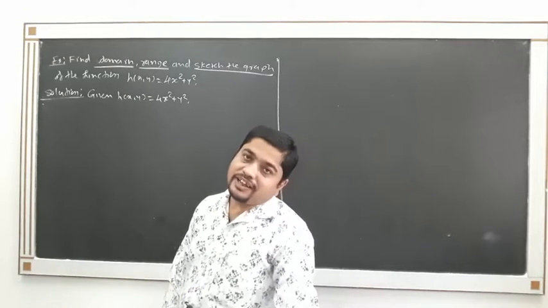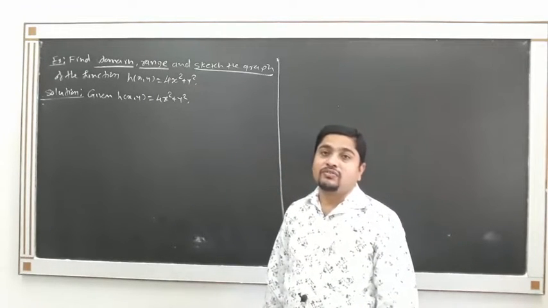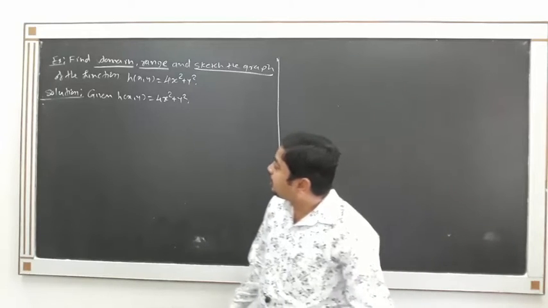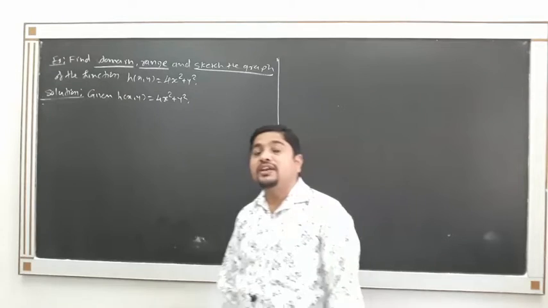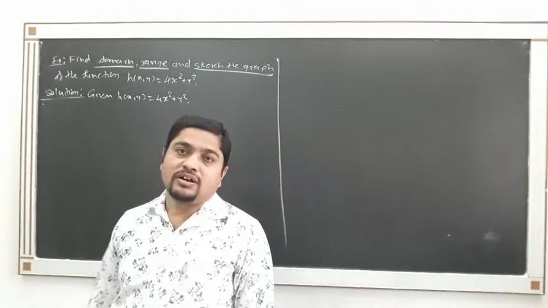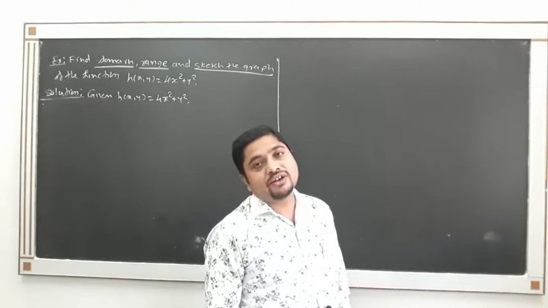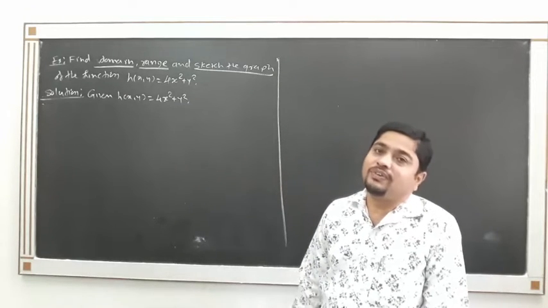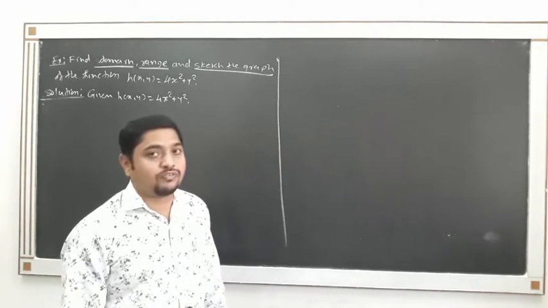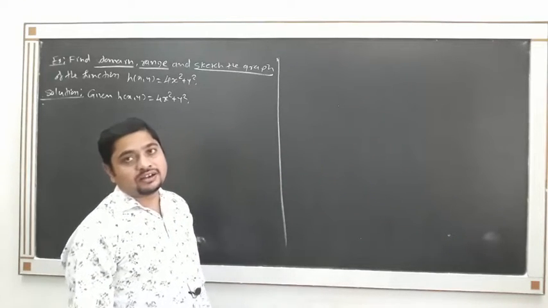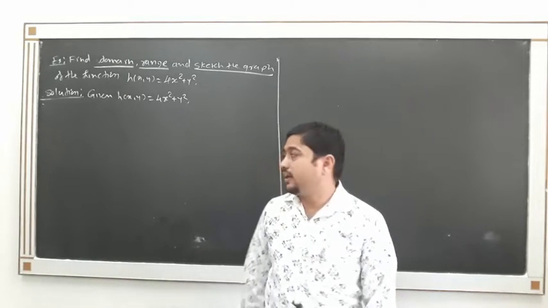So we can say that for any value of xy, we are able to find h of xy. It is possible to find h for all ordered pairs xy in R square. Therefore the domain of the function is the whole R square, or R2, or the xy plane.